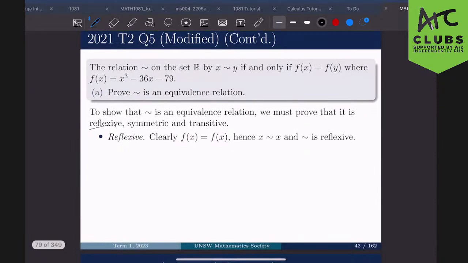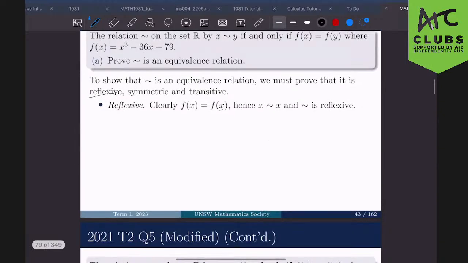When you're proving that it is something, you need to use general terms such as x, you can't be subbing in particular numbers. If you're proving that it is not, then you can obviously find one case in which it is not, and that's sufficient. But when you're proving that it is, you need to use the general case.